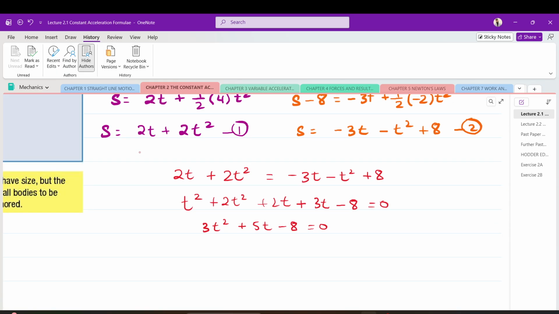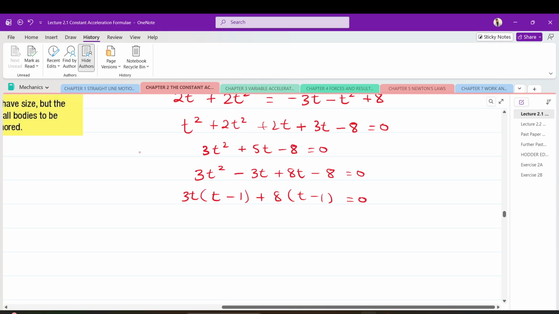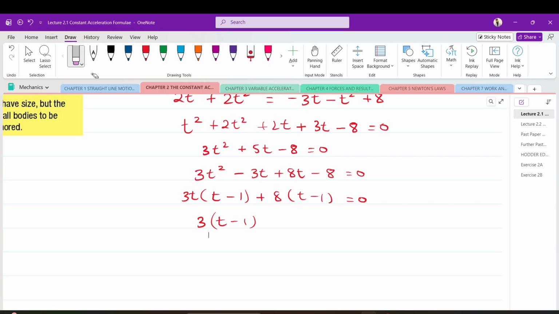3 times 8, that is 24. So I can use the same factors, 8 and 3. So I can write this as 3t squared minus 3t plus 8t minus 8 equals 0. 3t can be factorized, so you would get t minus 1, plus 8 can be factorized, you would get t minus 1 equals 0.